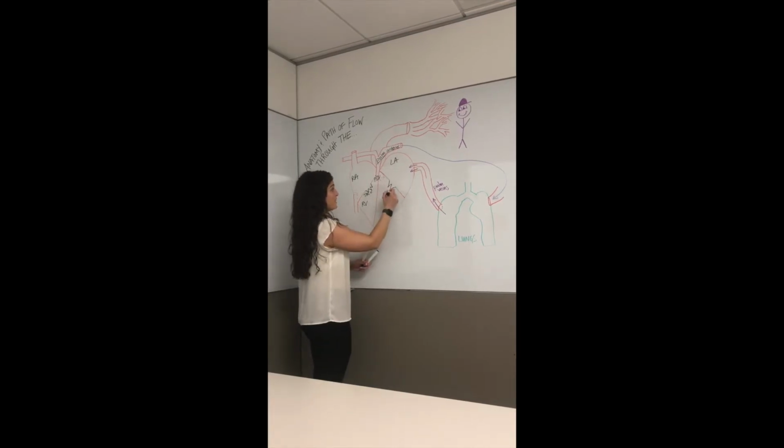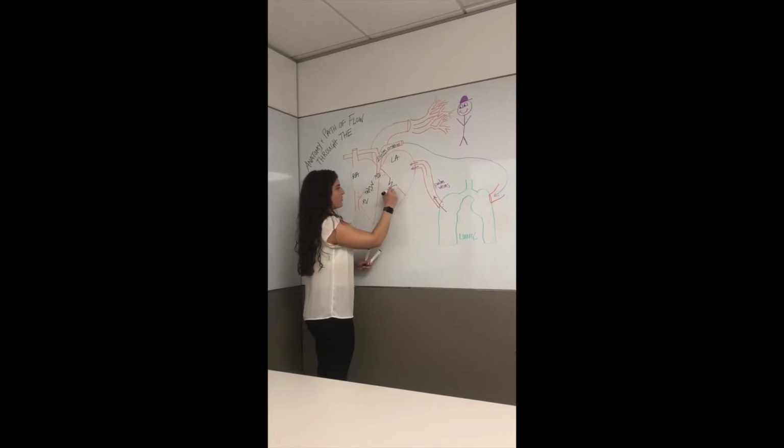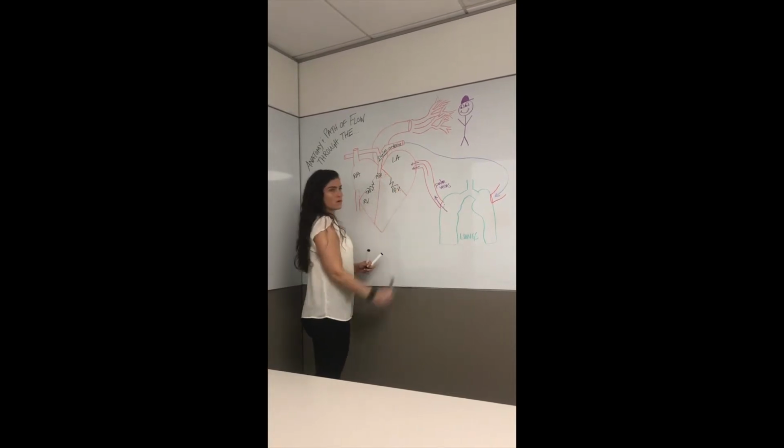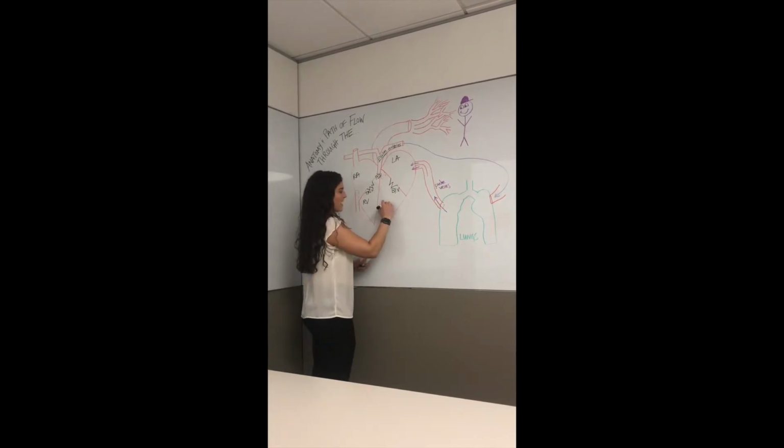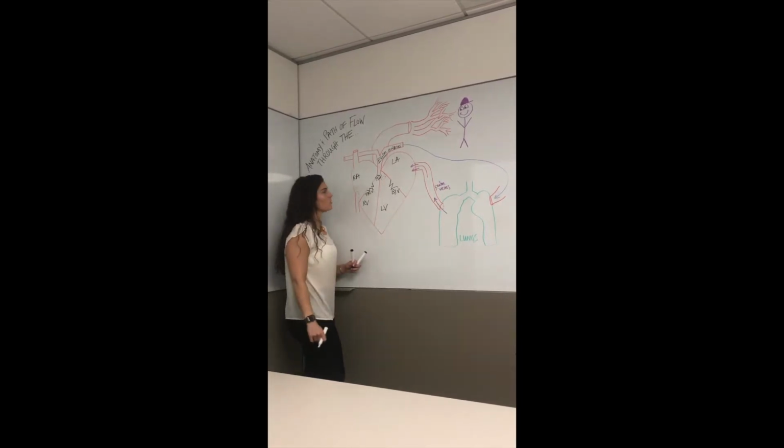From the left atria, it's going to move through another valve called the bicuspid valve. When it moves through the bicuspid valve, we then enter the left ventricle.